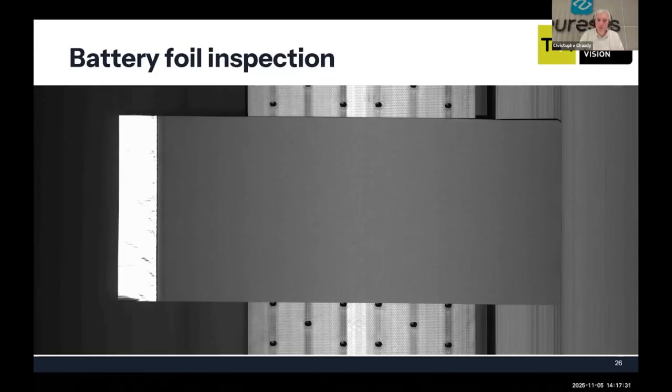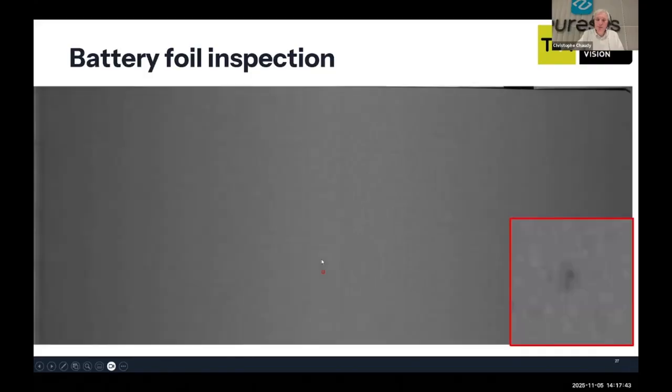For example, that's carbon-coated copper foil. That's, I think, a 24 megapixel image, and there are small black dots in the middle of the foil here. So that's typically what EasySpotDetector is good at: detecting small and faint defects in large and noisy images.